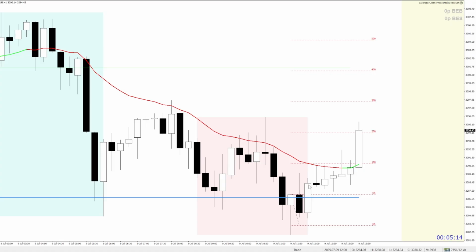Now we had a better candle there, and we've gone sideways. I did get out here because I thought it was going to reverse, and now it's zooming up. Whatever. But that would be 1R, 2R, and if we can get like 3R out of this sort of setup, it looks pretty good.